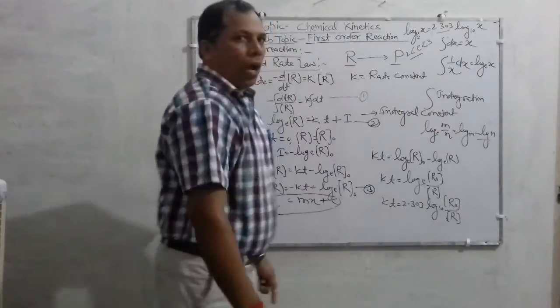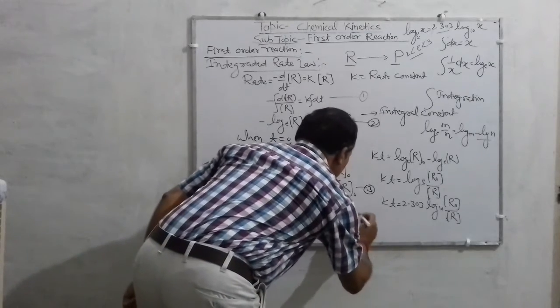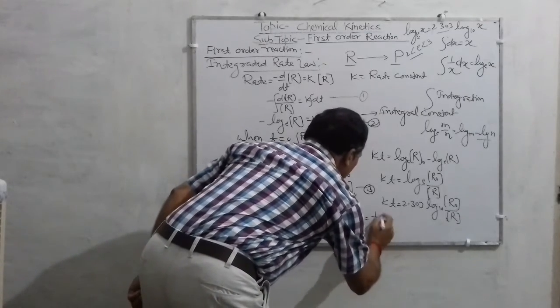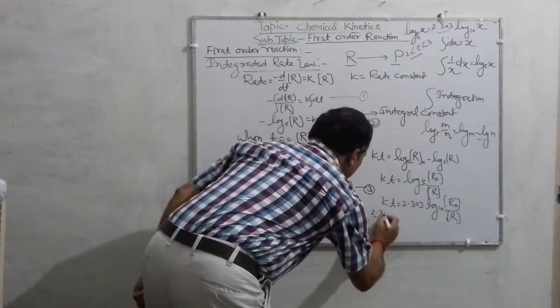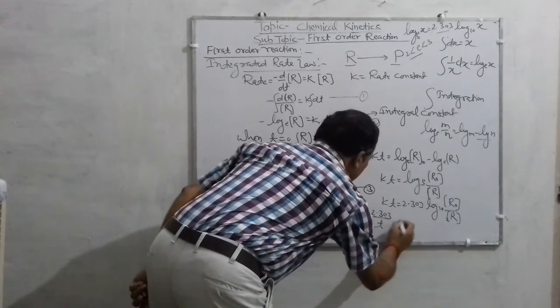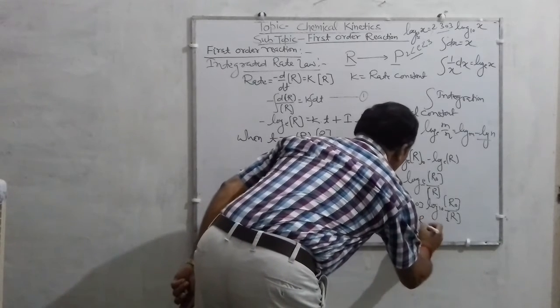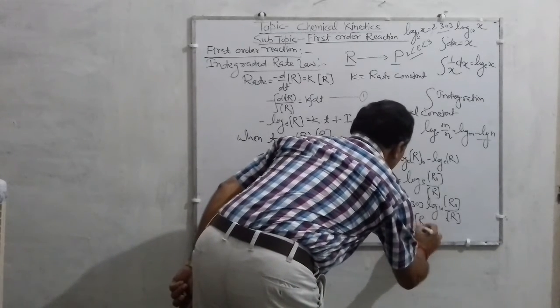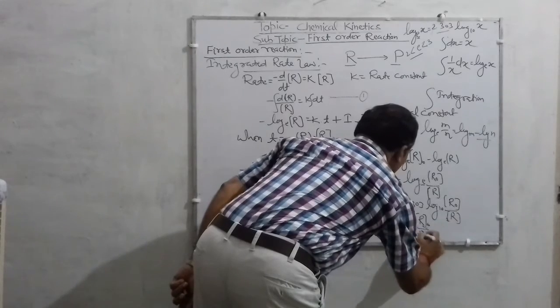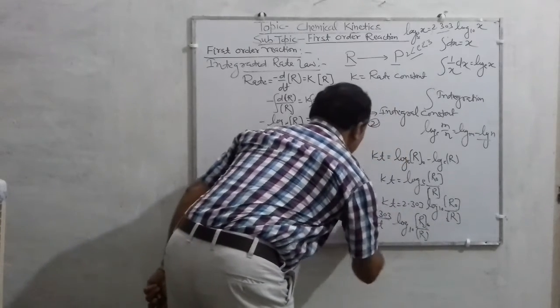This can also be written as k is equal to 2.303 by t into log 10 of concentration of r0 upon concentration of r.